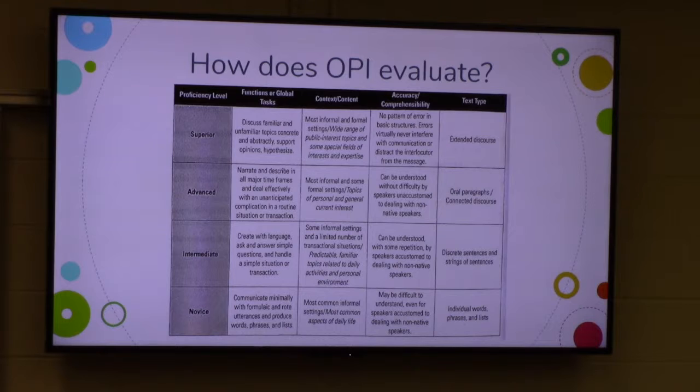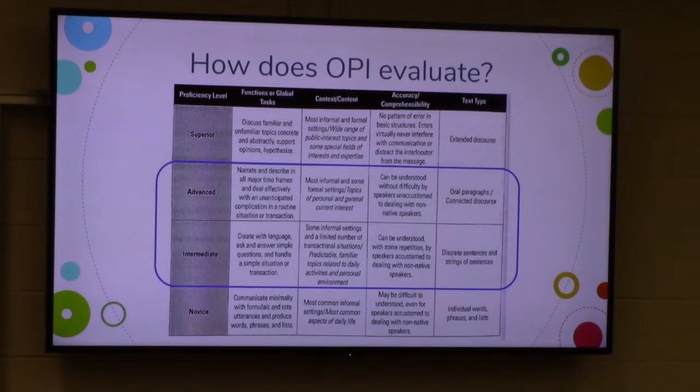Because I'm especially teaching lower level divisions, I'm going to focus on two proficiency levels: the intermediate level and the advanced level. Let me explain why. When we train our novice learners, we are not training them to be novice. We are training them to be intermediate. We are pushing them to another level, right?